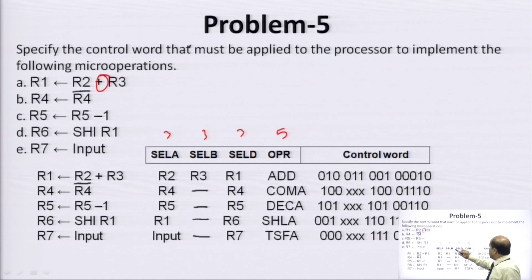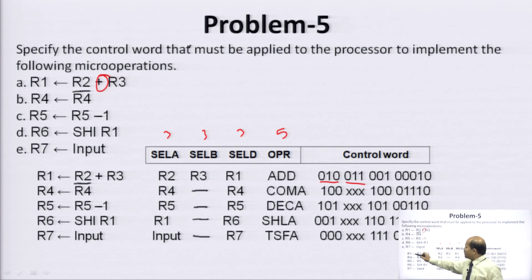Here the first operand is R2, so 010 is the selection A value. The second operand is R3, so 011 is the operand 2, and this result will be transferred to R1.